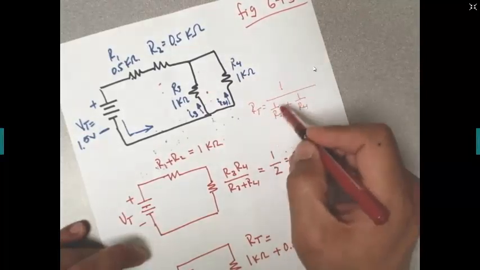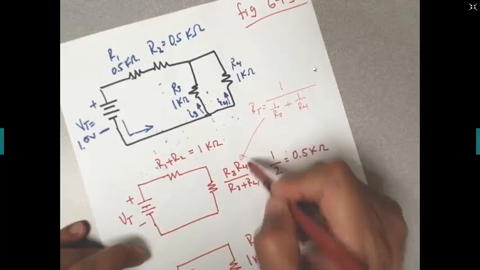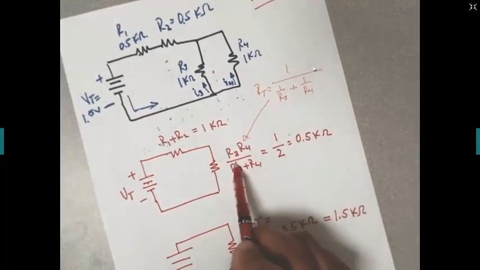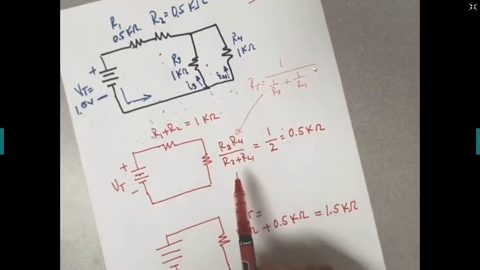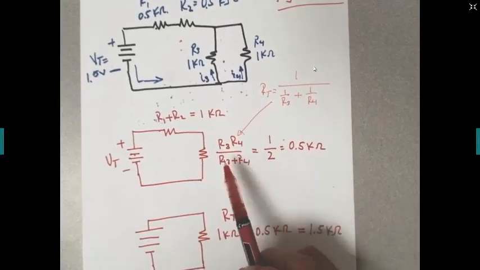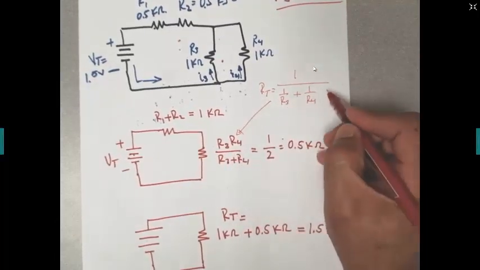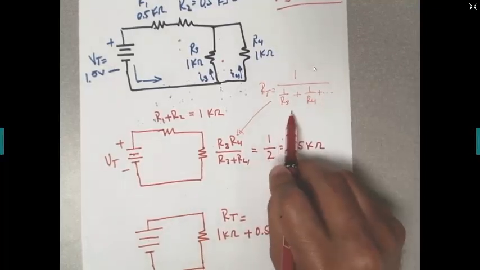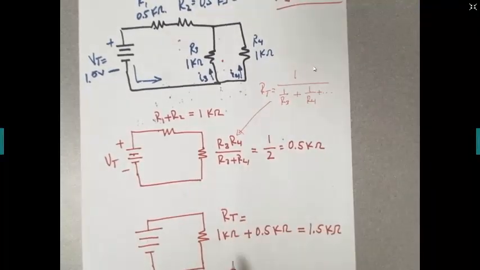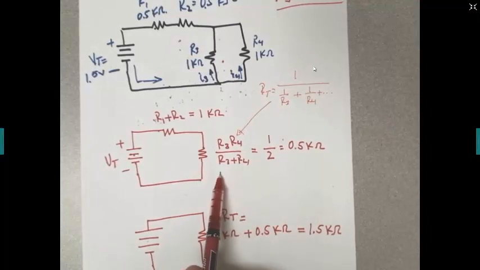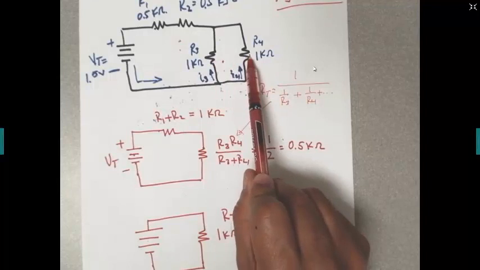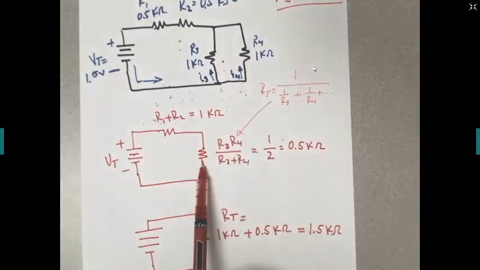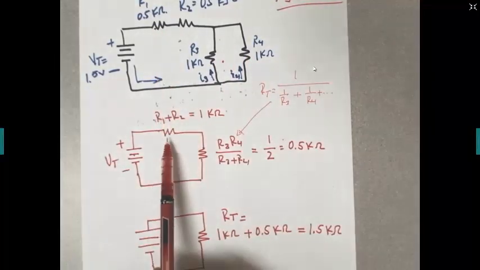When you solve the algebra for this, you end up with that, and that's where this formula comes from. This is what you use when you have only two resistors. If you have more than two, then you might want to do it this way. But if it's only two, this is the formula you use. So these two resistors, 3 and 4, can be replaced by this one right here, and 1 and 2 can be replaced by that one.